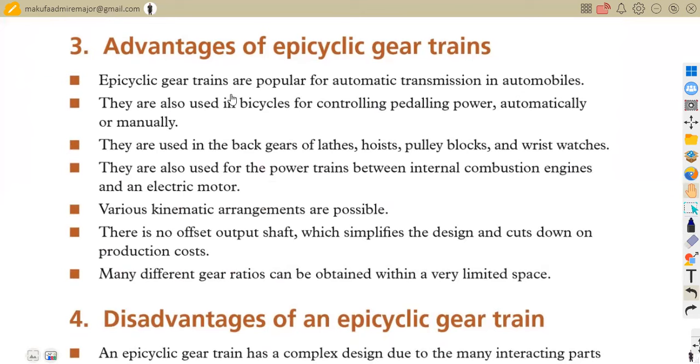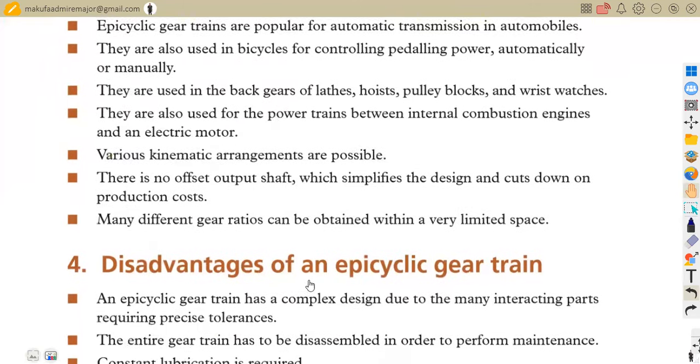Epicyclic gear trains are popular for automatic transmission in automobiles. They are also used in bicycles for controlling pedaling power automatically or manually. They are also used in the back gears of lathe hoists, pulley blocks, and also wristwatches. So there are so many things that you can consider as your advantages.